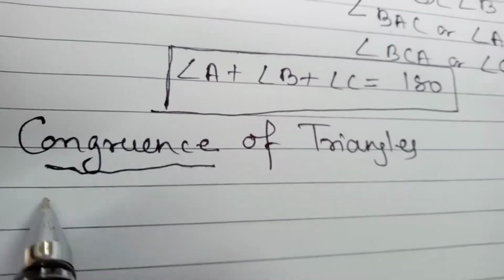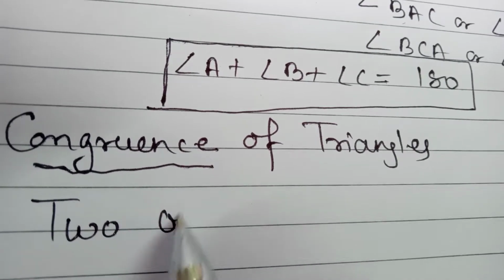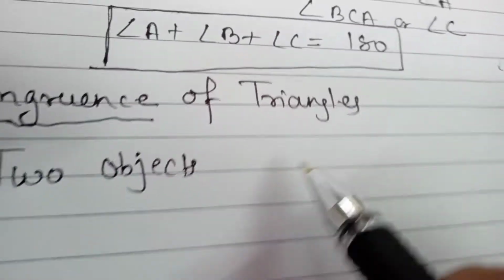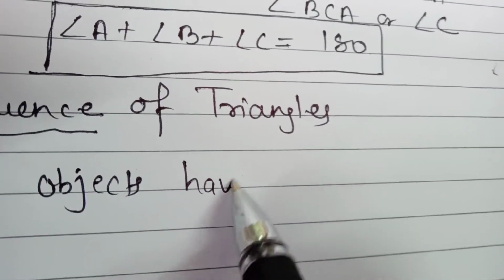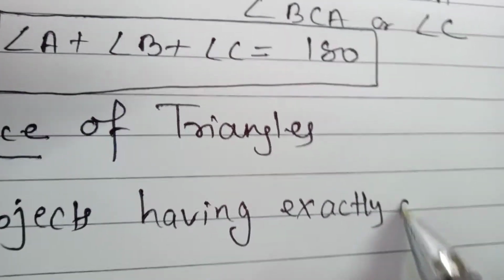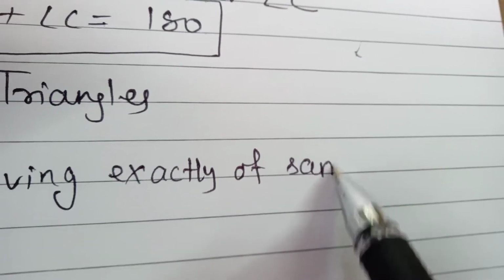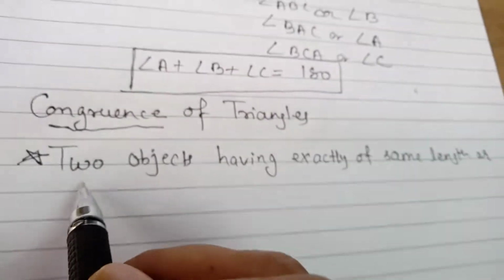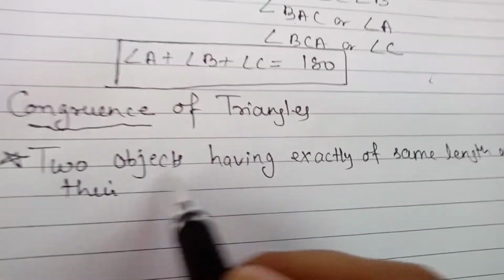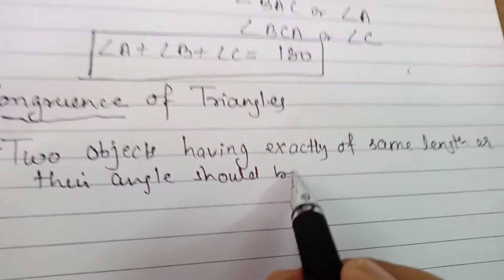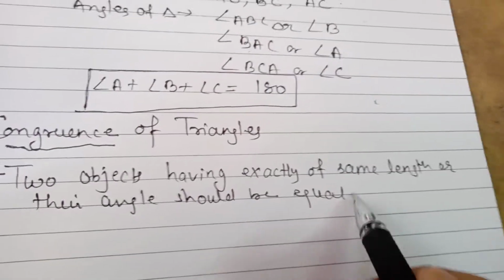Two objects having exactly the same length, or their angles should be equal. I am just writing the definition for confirmation.